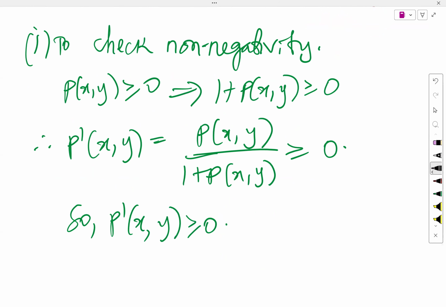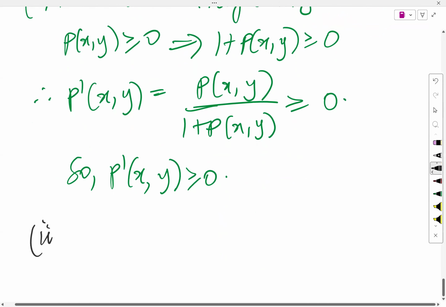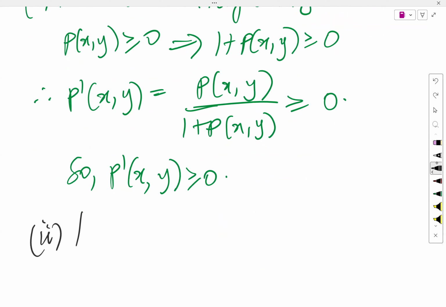Okay. So we go for the next thing, which is identity of indiscernibles.